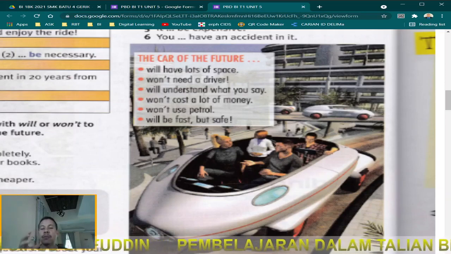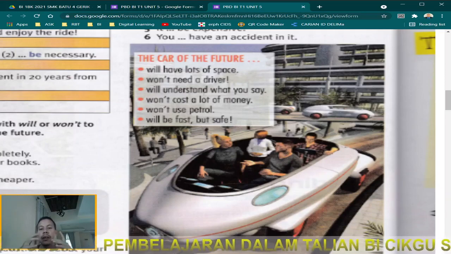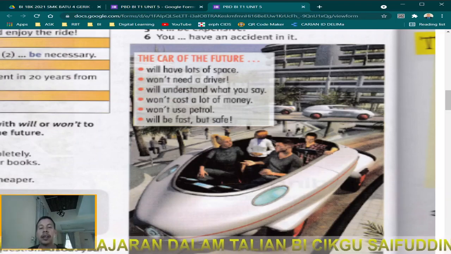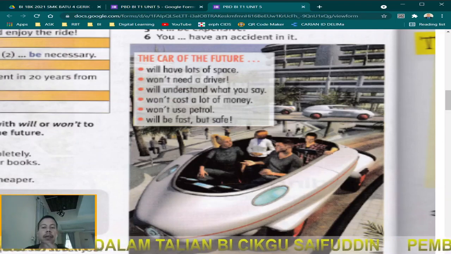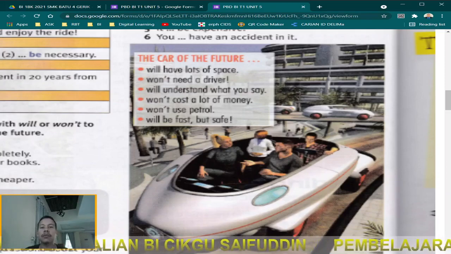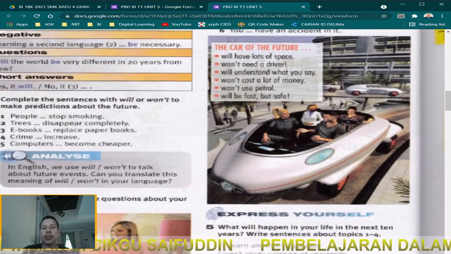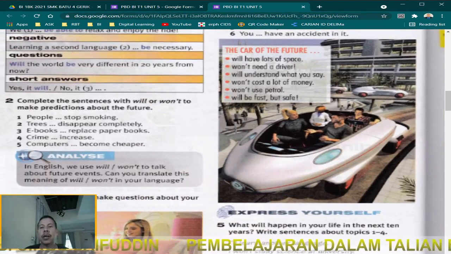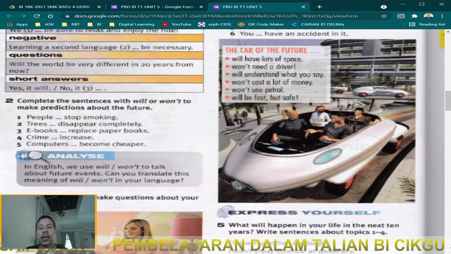So that's the proof, bukti bahawa in the future it's possible for us to have the safest car and the fastest car, the fastest and the safest car in the future. Okay, so that's maybe the prediction of the future for the car. Okay, you will experience the future car later.